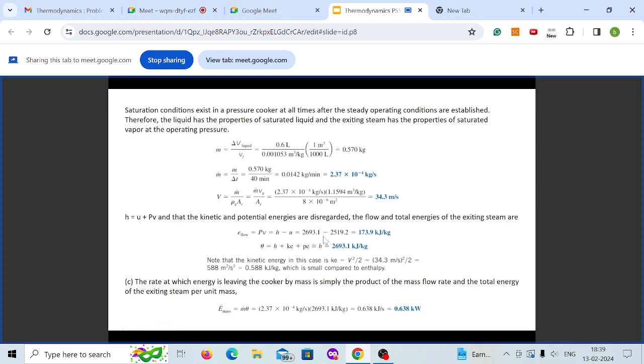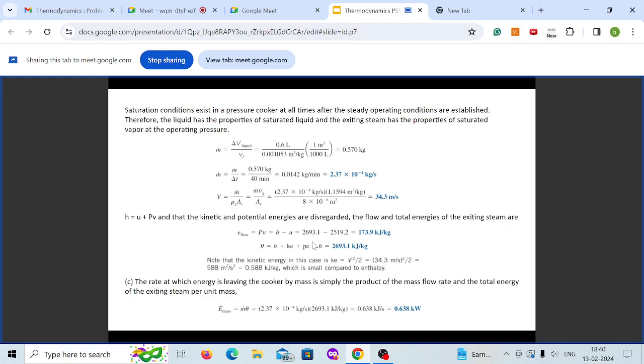So that's why we assume your kinetic energy and potential energy are negligible, and you can directly use the enthalpy values. Unless you have nozzles and very high velocities, in that case the kinetic energy will be significant. But in these cases you can neglect the kinetic and potential energies.